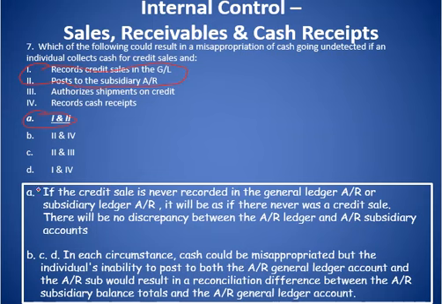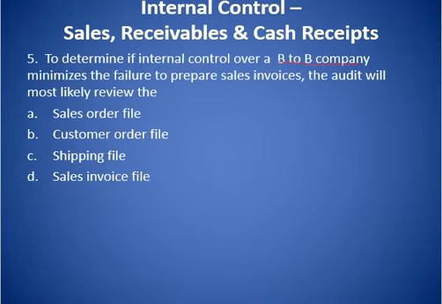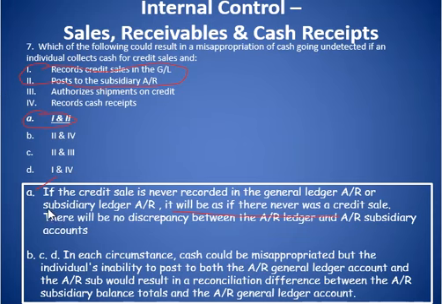So as I say down here, if the credit sale is never recorded in the general ledger or in the general ledger accounts receivable or the subsidiary ledger, it's going to be like the sale was never even made. So under this circumstance, it would look like there would be no discrepancy between the AR ledger and the AR subsidiary records.